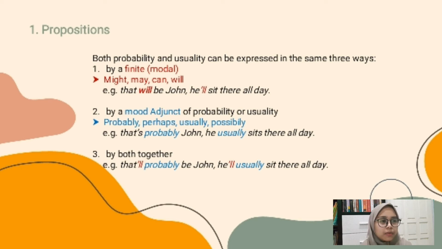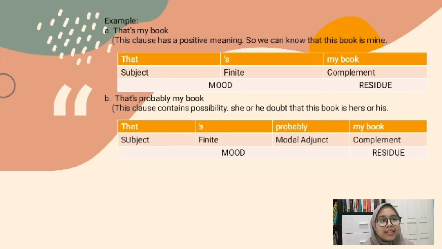And the third way is by both together. Like the example, that will probably be John. He will usually sit there all day. So will probably belongs to finite and mood adjunct of probability, and will usually belongs to finite and mood adjunct of usuality.